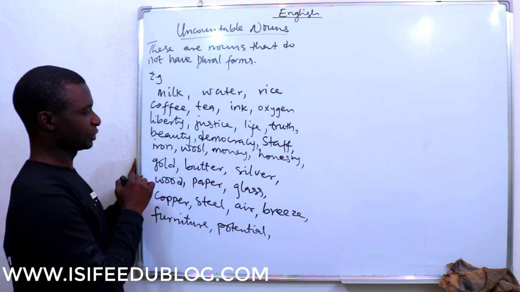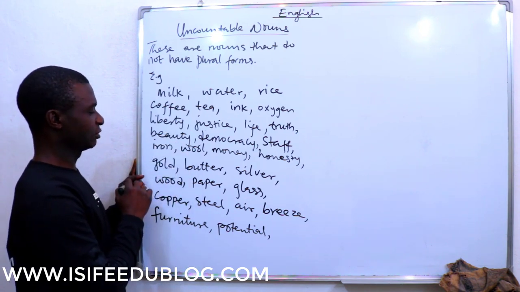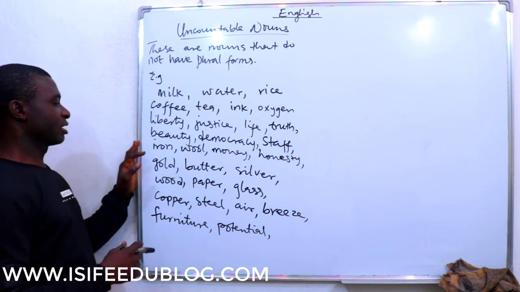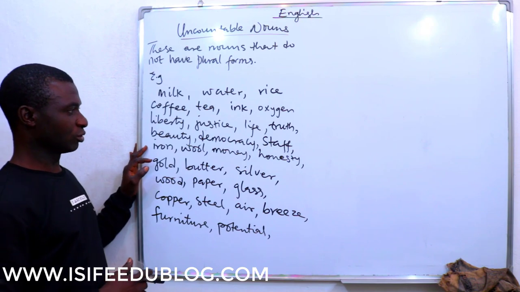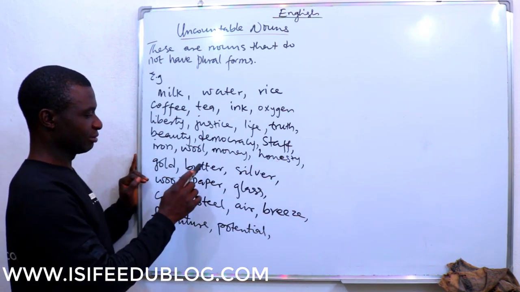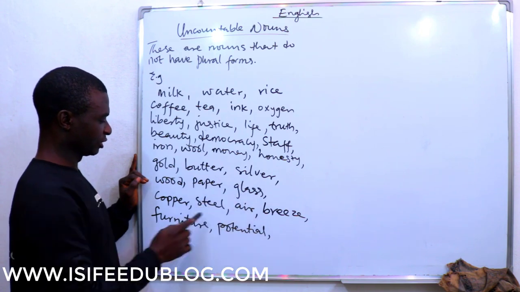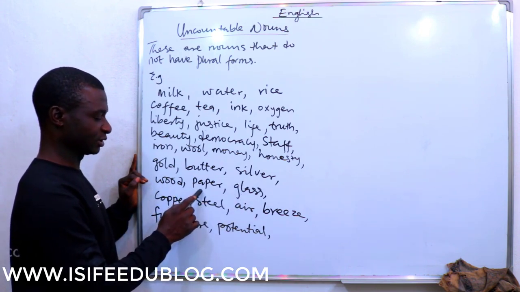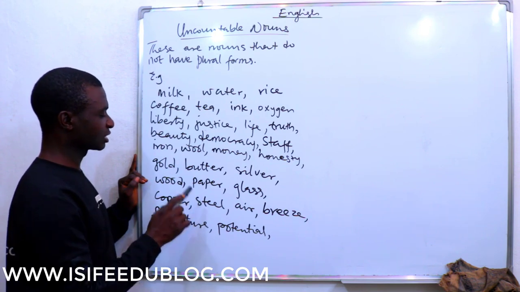Okay. Then we have beauty, democracy, staff. These are all uncountable nouns. Iron, wool, money, honesty, gold, butter, silver, wood, paper. Please take note of this. Paper is not countable.